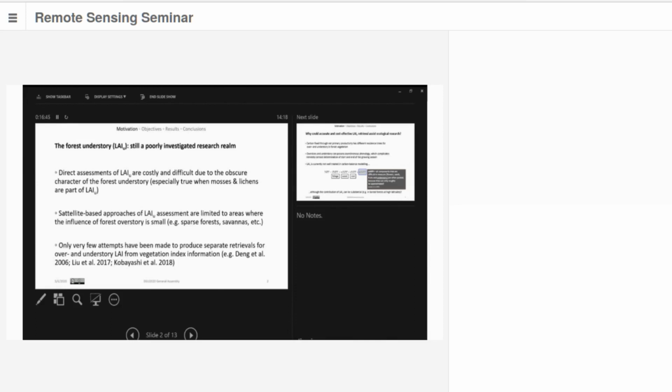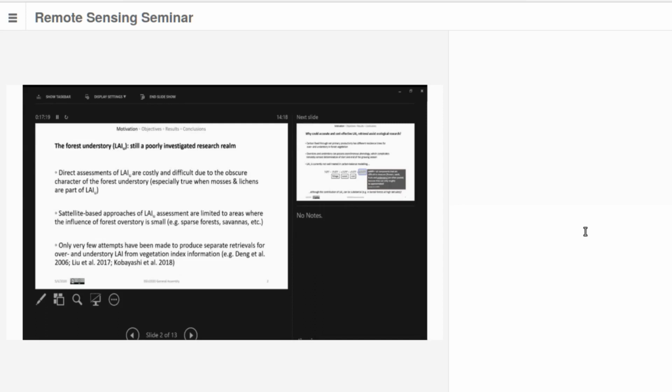We know that there are also productive forest sites with a very dense layer of understory, which you will probably never be able to assess with remotely sensed data. There were some attempts in the recent past to determine leaf area index for the understory, but nobody really knows how they compare, and therefore we wanted to test this.